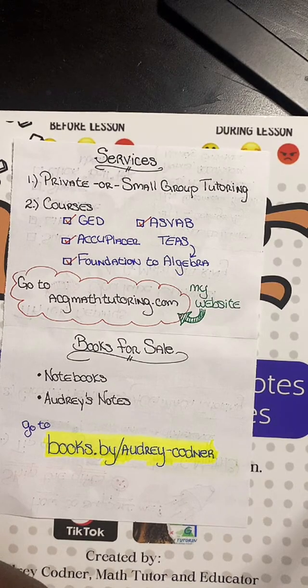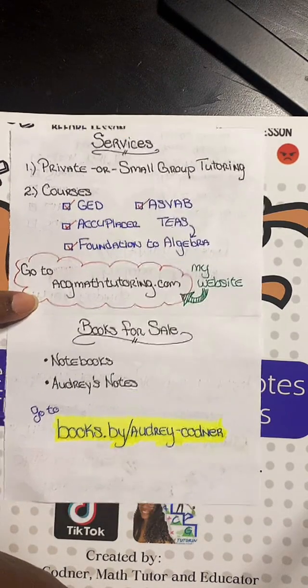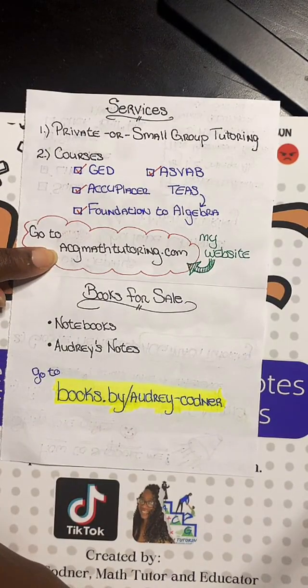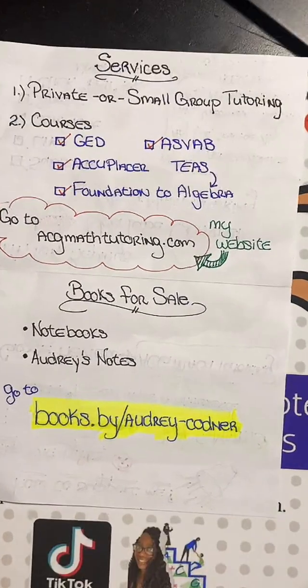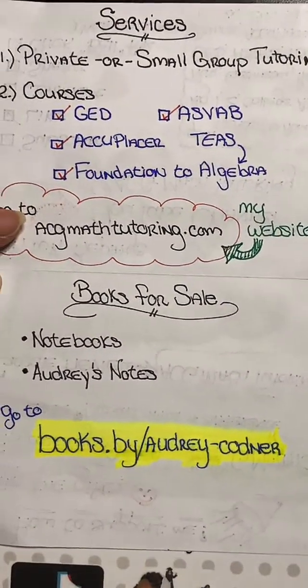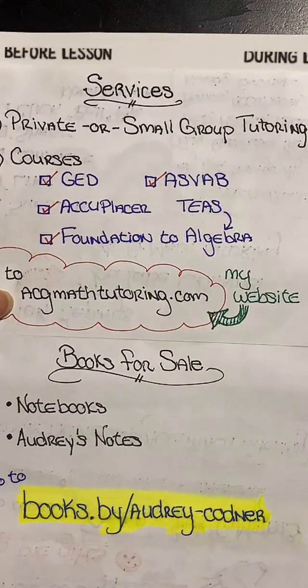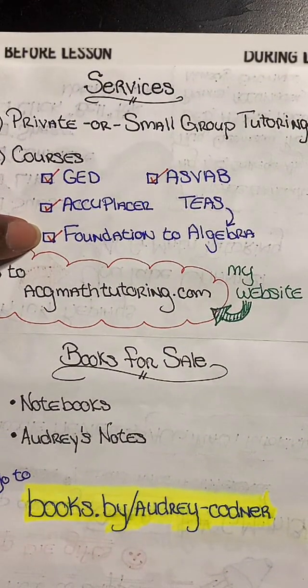Okay, how can we get started on the courses? If you go here, I'll see if I can zoom a little bit more. If you go here, you'll actually see the list. There's one that's featured, Foundations to Algebra.